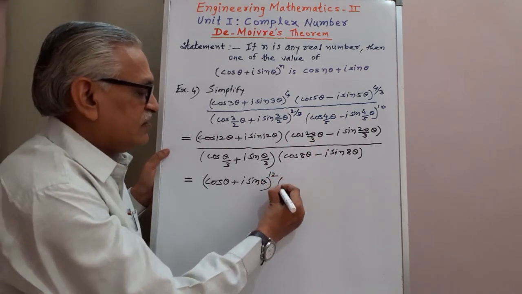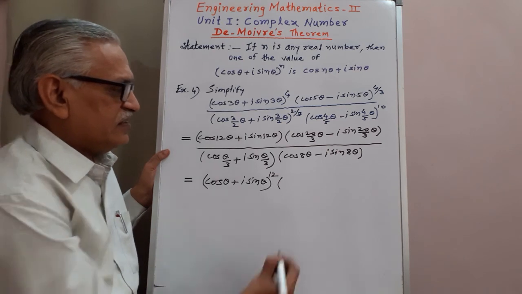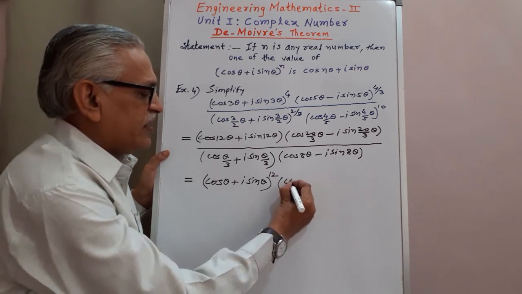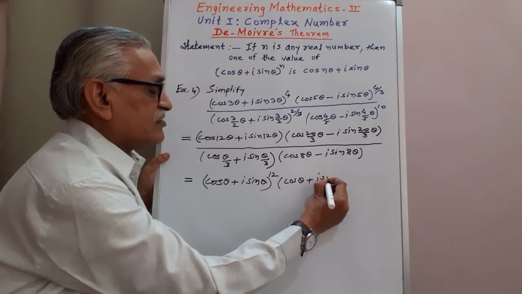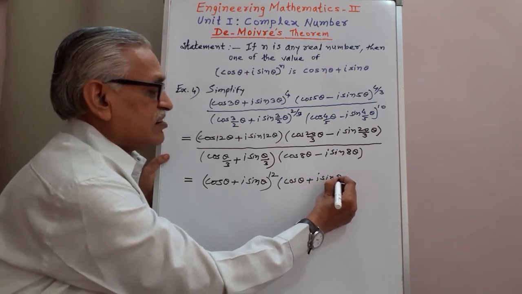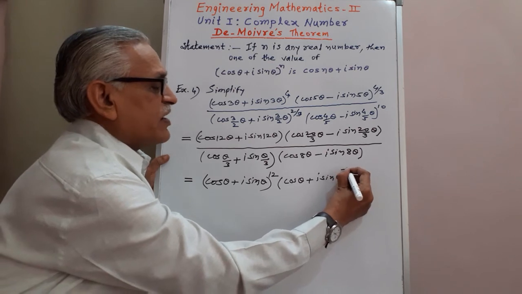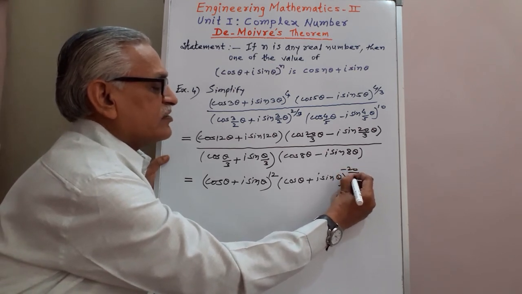This we can write as (cos θ + i sin θ) raised to −20/3.